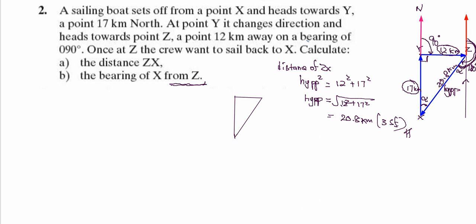You got 12 here, you got 17 here. This is a 90 degree angle. You want this angle, so this side is the opposite of this angle, and this one is the adjacent for this angle.